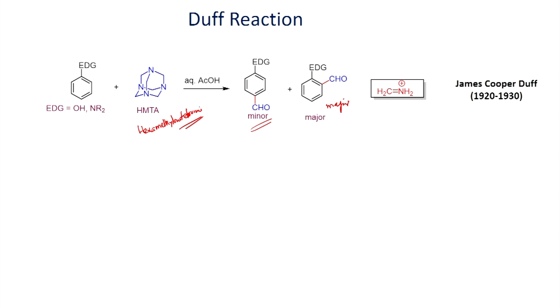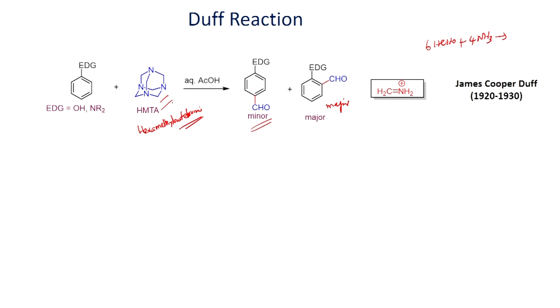If you remember, we have already studied the formation of hexamethylene tetramine. Formaldehyde can readily undergo condensation with ammonia; we take 6 molecules of formaldehyde and 4 molecules of ammonia, and they undergo condensation reaction to give this hexamethylene tetramine.